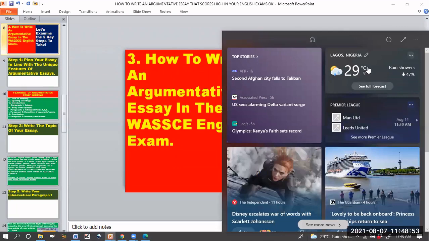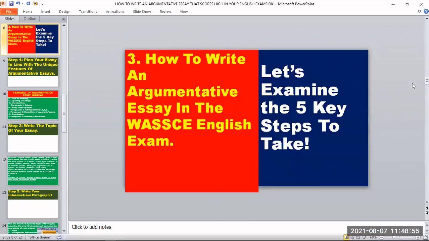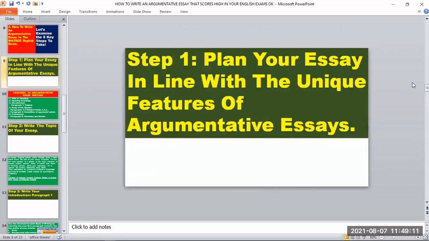Now, the third point in our agenda is how to write an argumentative essay in the West African Senior School Certificate Examination English, or WASSCE English exam. Now let's examine the 5 key steps to take. All right. Step number 1, plan your essay in line with the unique features of argumentative essays. Argumentative essays have certain unique features.